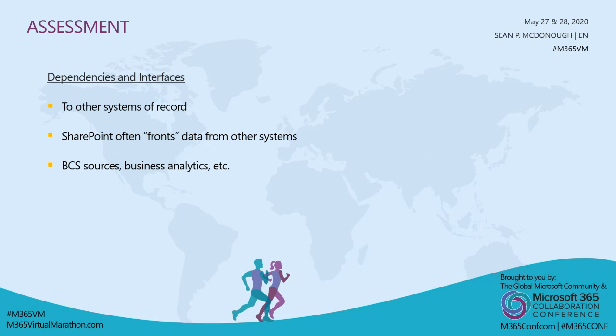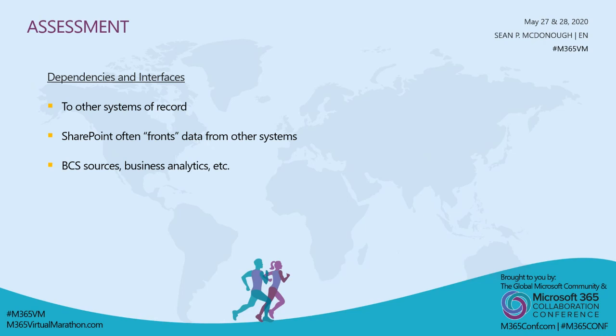Active Directory is a common system. It's a dependency. Do you have other identity systems in your environment? Are those important? Should you be capturing those as part of the data you're gathering? So those are the most important things to gather.